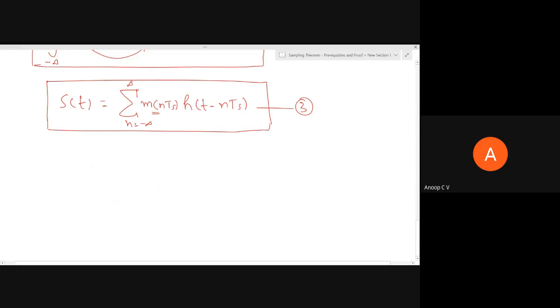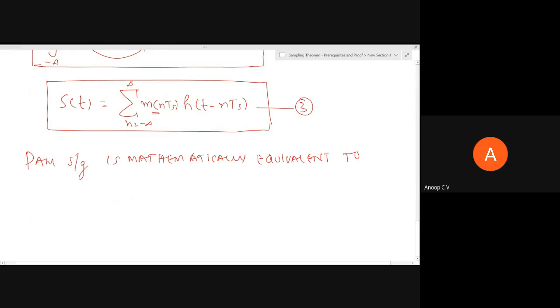Now we can come to a mathematical model. A PAM signal is mathematically equivalent to, and that is the inference you have to draw from these two, the convolution of m delta of t and h of t. What is this m delta of t? It is nothing but the instantaneously sampled version of m of t.